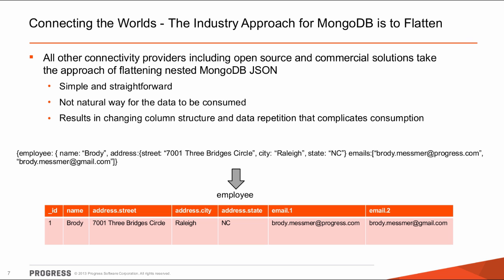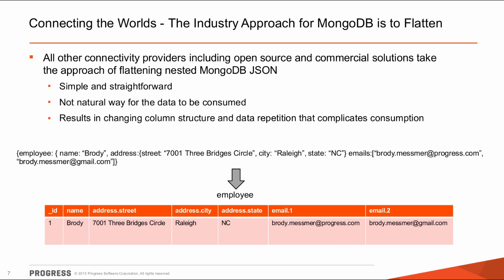What would a flattened approach do in that situation? And that's where this approach begins to fall down, because it results in potentially changing column structures and increased data repetition that really complicates and is unnatural for how standards-based relational applications want to see and expect to see data.